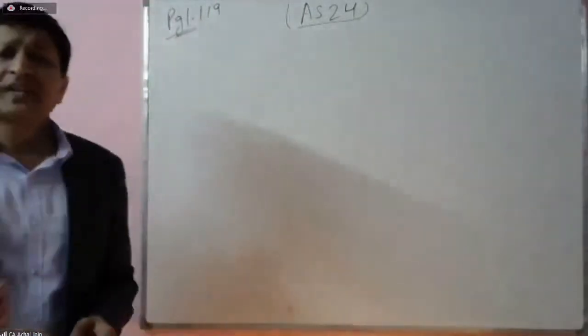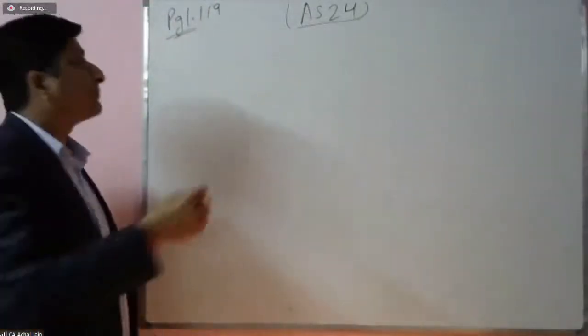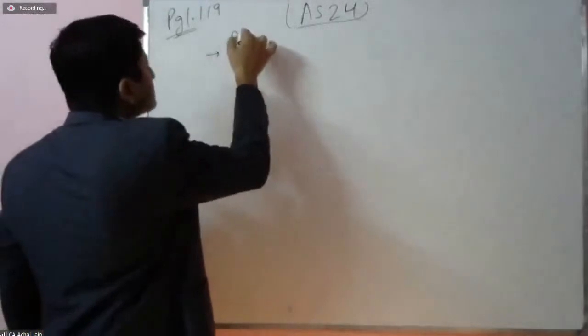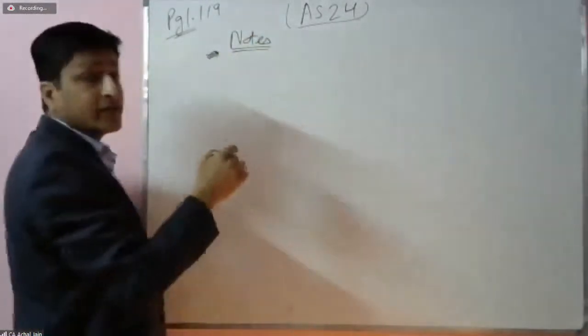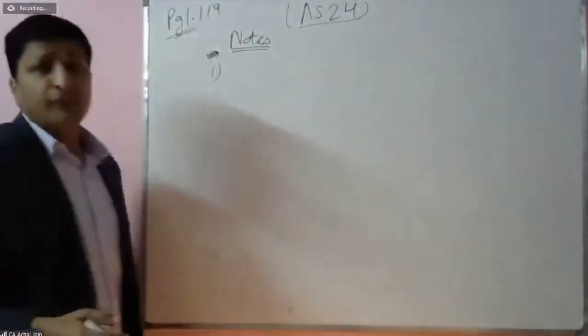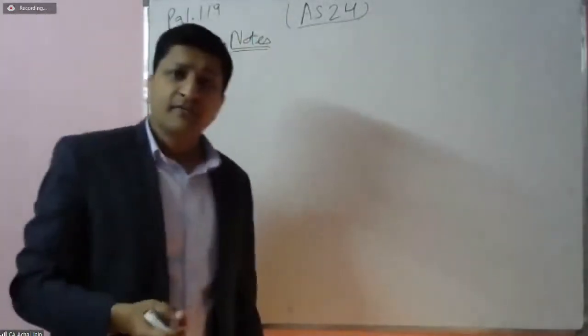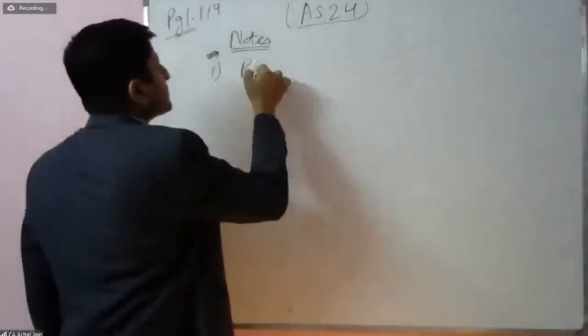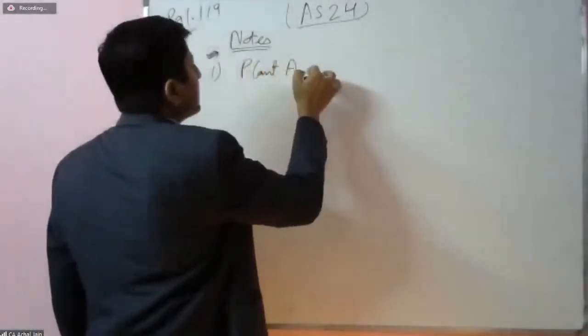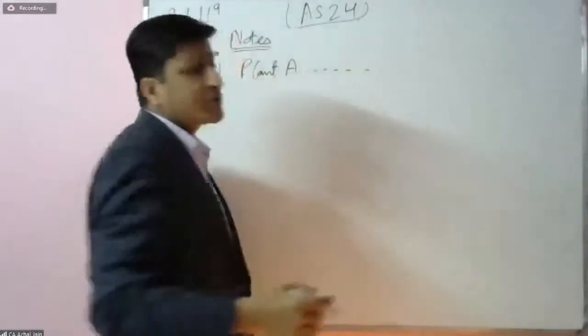First, description of the discontinuing operation. So, in the notes to accounts, a note will come wherein we will explain and describe this event. For example, plant A, which is planned to be shut down.